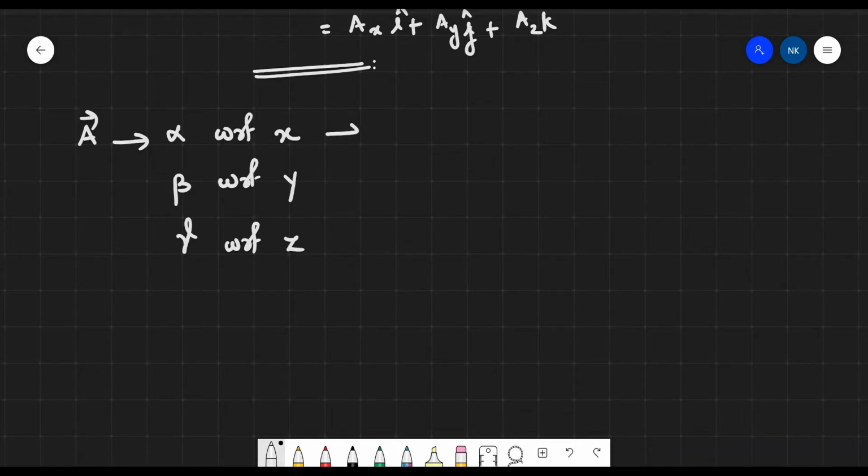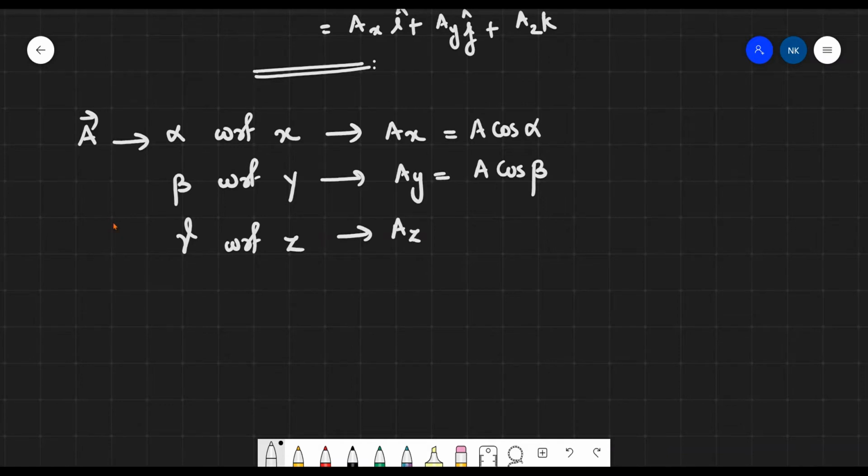Therefore, AX will be equal to A cos alpha only. Okay, now AY, that is the component along y-axis, that is equal to A cos of beta होगा, and the component along z-axis AZ is going to be A cos of gamma होगा.